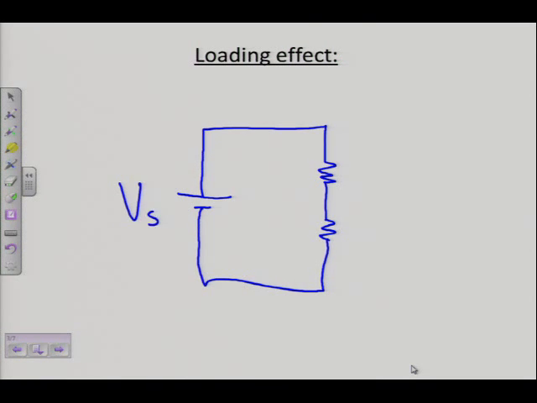Vs, my source voltage. I've got two resistors, R1 and R2. And this will actually count as what? This simple series circuit, what is it? So voltage divider. I even made it easier.